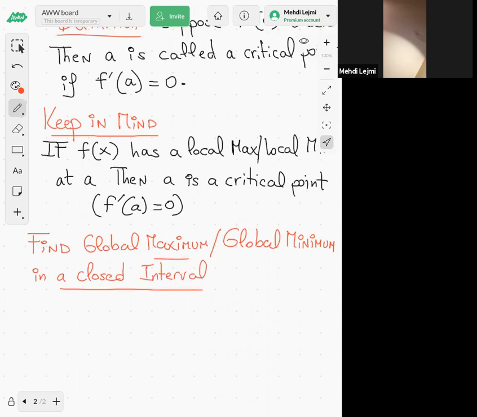To find this global maximum and global minimum in the closed interval, we're gonna use the following theorem. So what does it say?